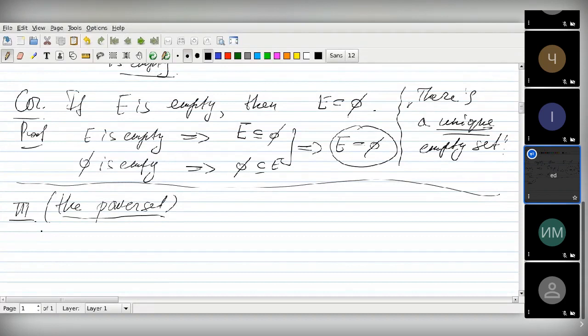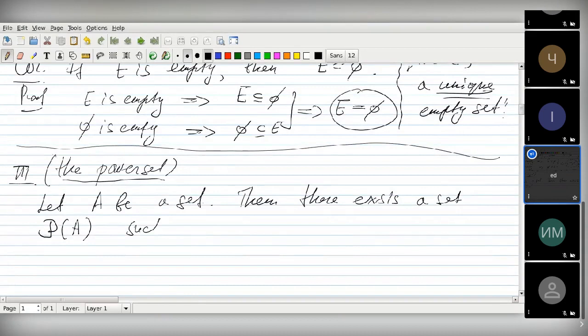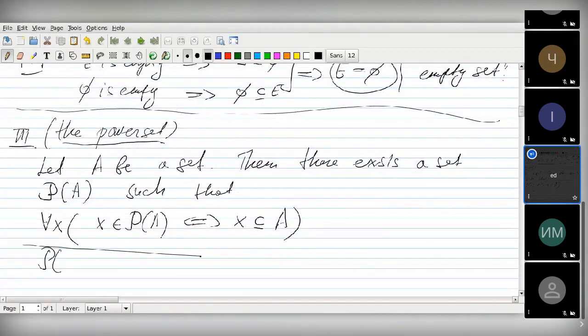Okay. Let A be a set. Then there exists a set P of A such that for every x, x is an element of P of A if and only if x is a subset of A. So P of A is a set.